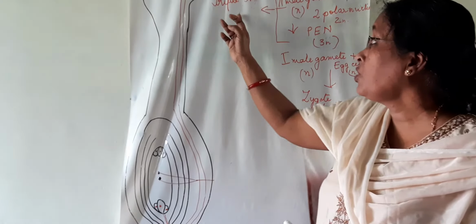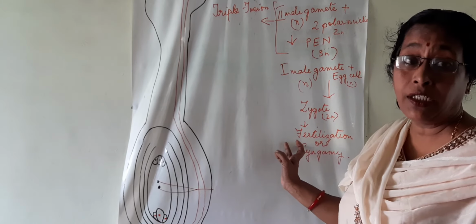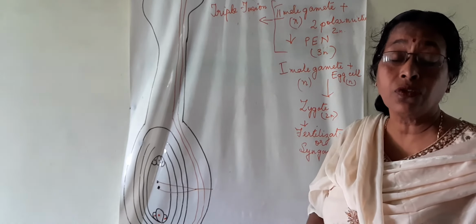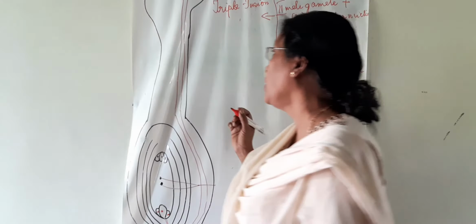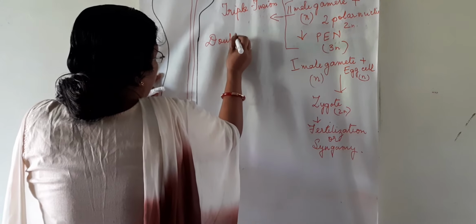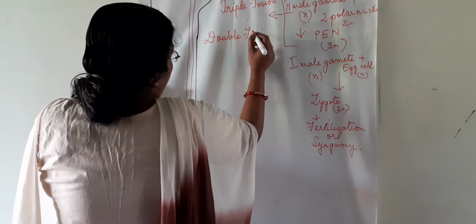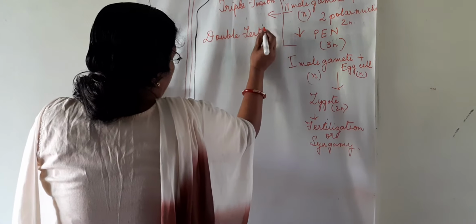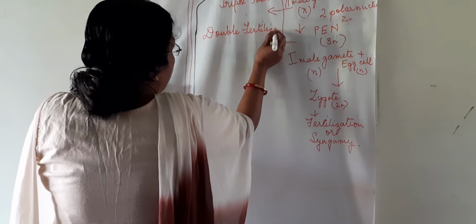So triple fusion and syngamy, that is fertilization, together are called double fertilization.